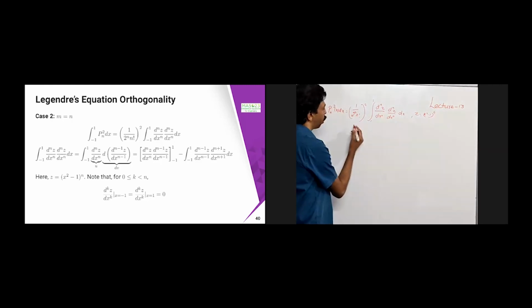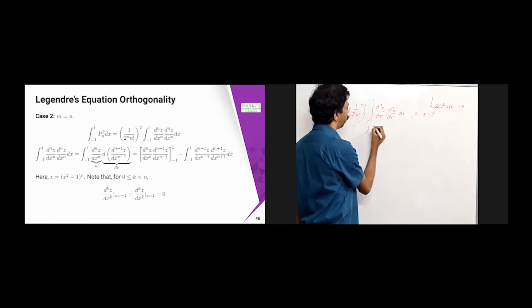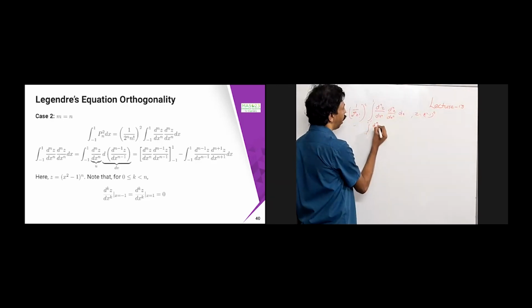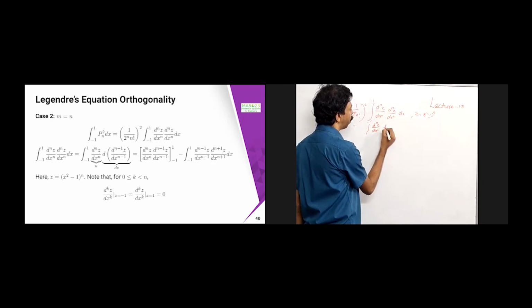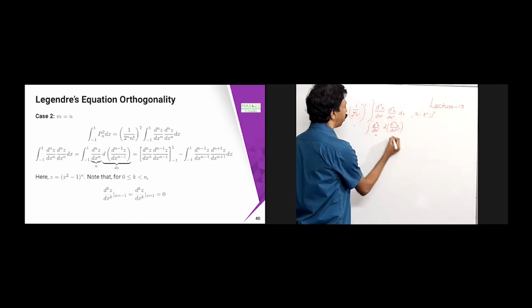If I use the UDP formula, this is going to become minus 1 power 1. I can write this as d^n z by dx^n into d of d^(n minus 1) z by dx^(n minus 1). So this is going to be u, this is going to be v.